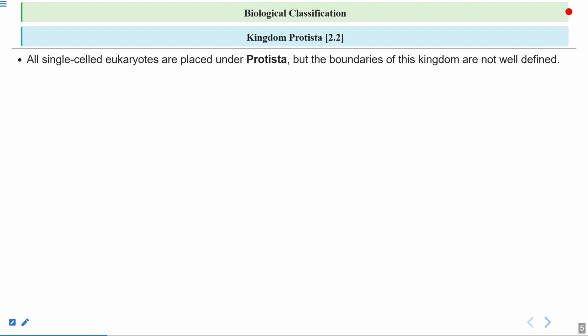That's why it is written here, the boundaries of these kingdoms are not well defined, because the organisms which belong to kingdom Protista have features of two different groups. Clear? I will give you some examples and explain this concept, why they are called animal-like or plant-like or fungus-like.